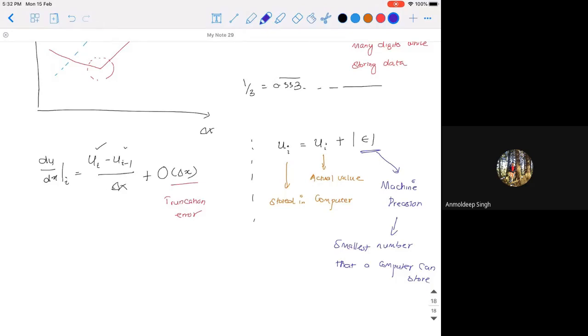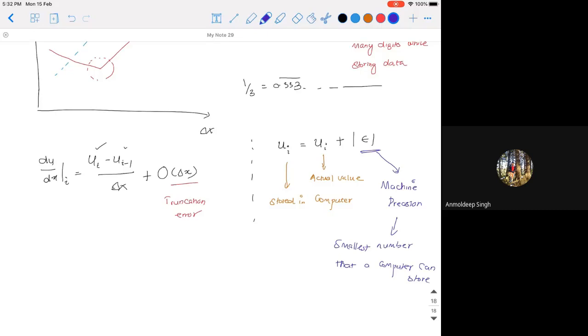While we are storing any floating point number, there is an error introduced inherently by the computer because of its ability to store only a finite number of digits, right?